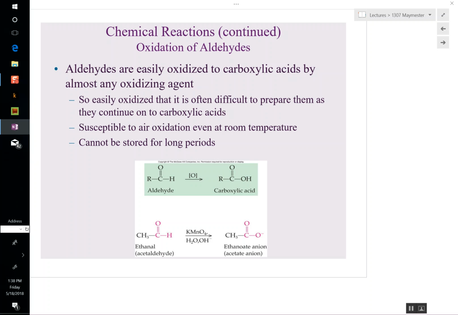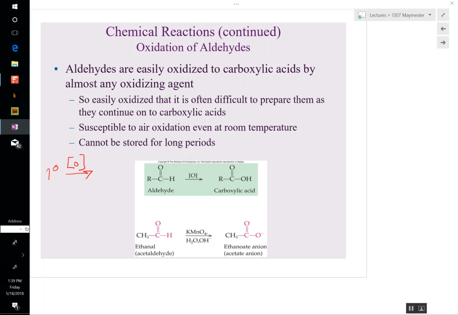Okay, what we're learning here is that an aldehyde can go one more step and produce a carboxylic acid. So if you started out with a primary alcohol, you oxidize it, you form an aldehyde. The aldehyde can oxidize another step and become a carboxylic acid.